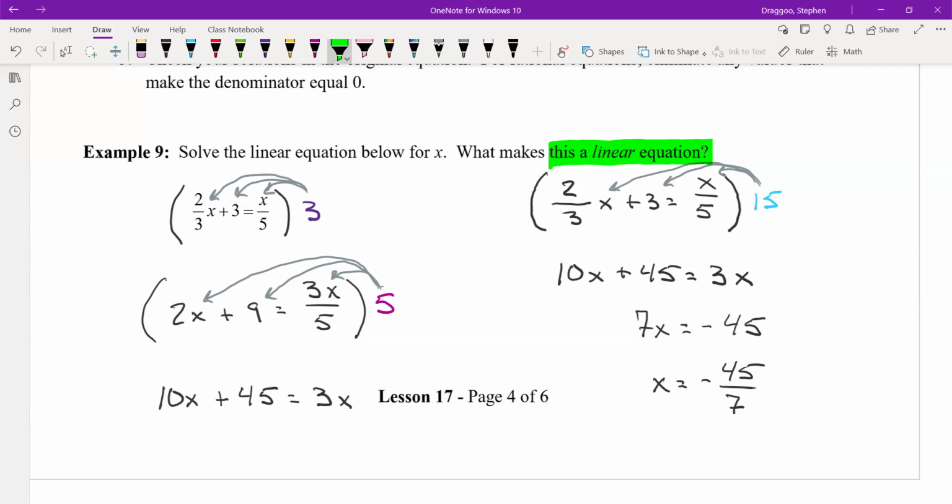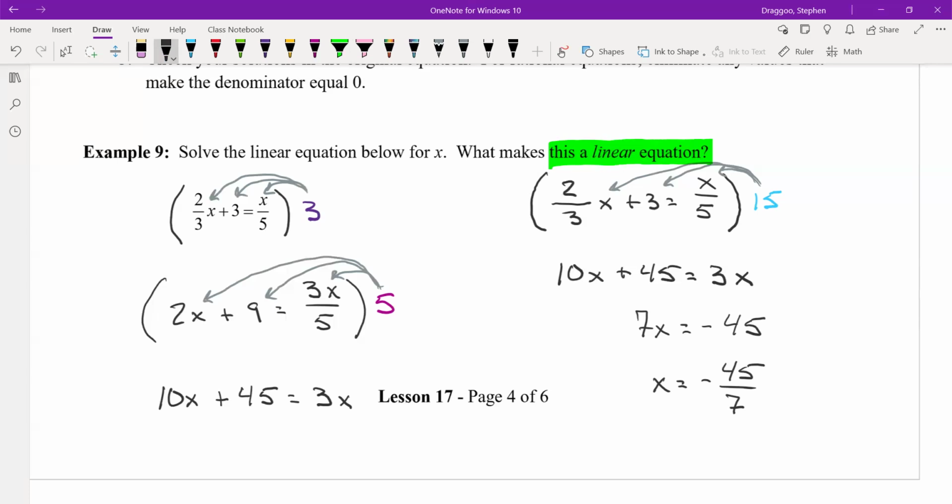So if something is a linear equation, I'll only see first degree polynomials on either side. Meaning my biggest power of x is 1, and I don't have anything like a square root or an exponential or log in there. So it's a linear equation because my highest power of x is 1.